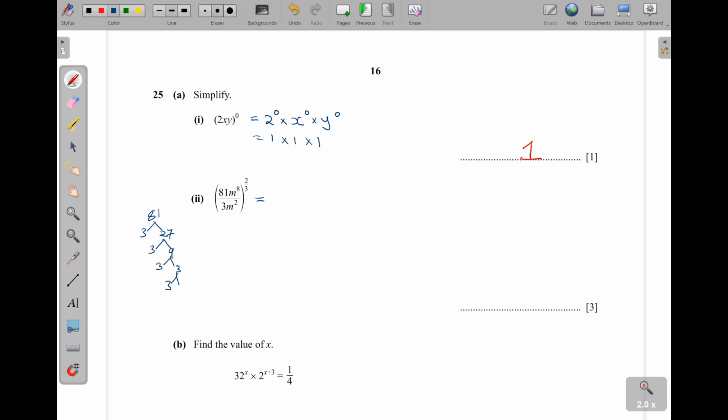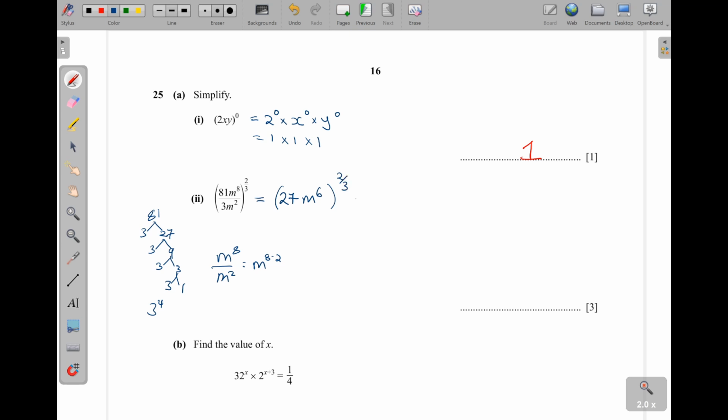By 3, you get 1. So it is 3 power 4. That means 3 goes, you have 3 of them, that will be 27. Then m power 8 over m power 2 will be m power 8 minus 2, that is m power 6.